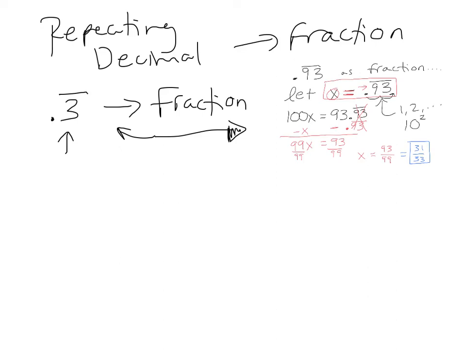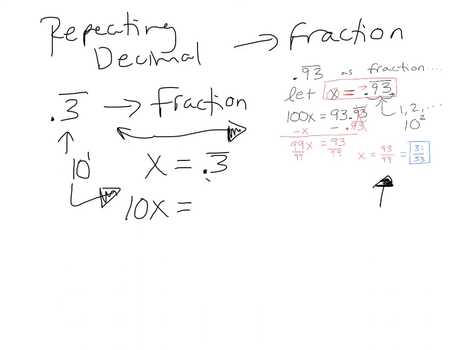It looks like 1. So let's multiply each side by 10. Let's call x equal to this 0.3 repeating, and then multiply each side by 10, just like we multiplied by 100 in the example up here because two digits were repeating. Here we're multiplying by 10 on each side.